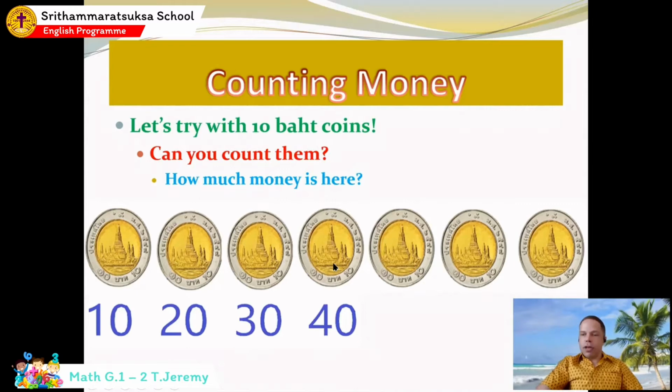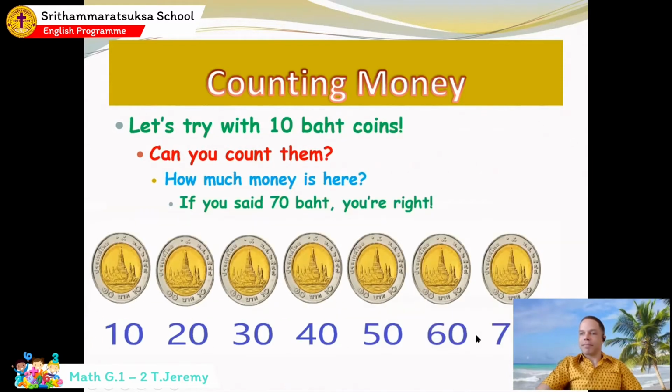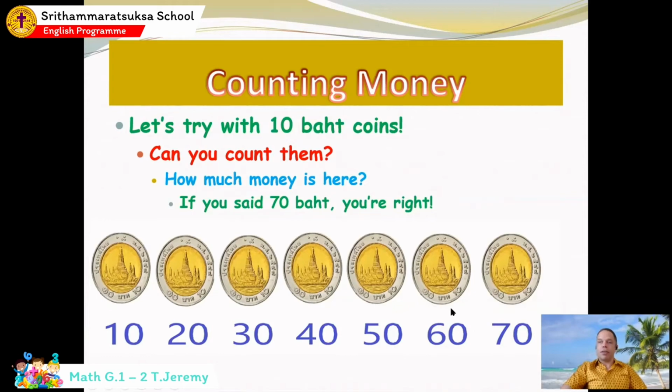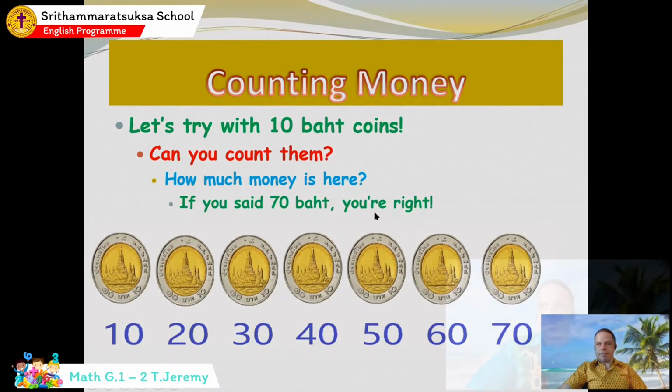The fourth one is 40. What comes next? Do you know, can you count how much money is here? If you said 70 baht, you're right.